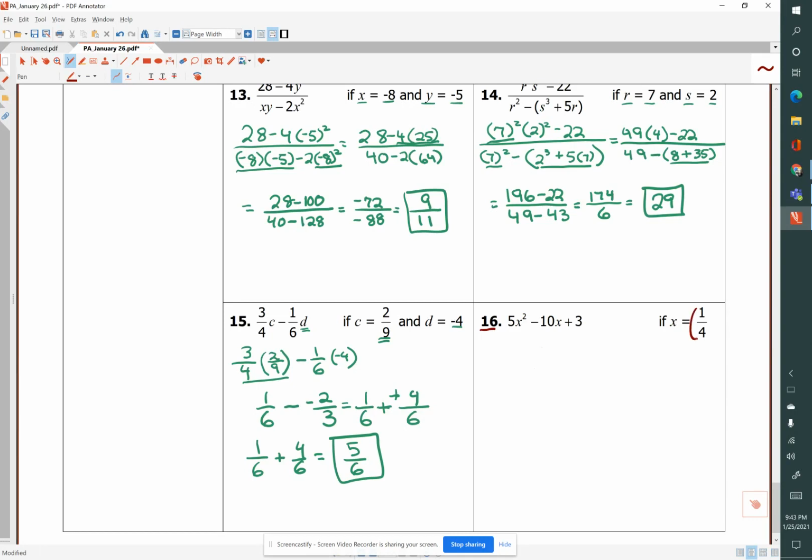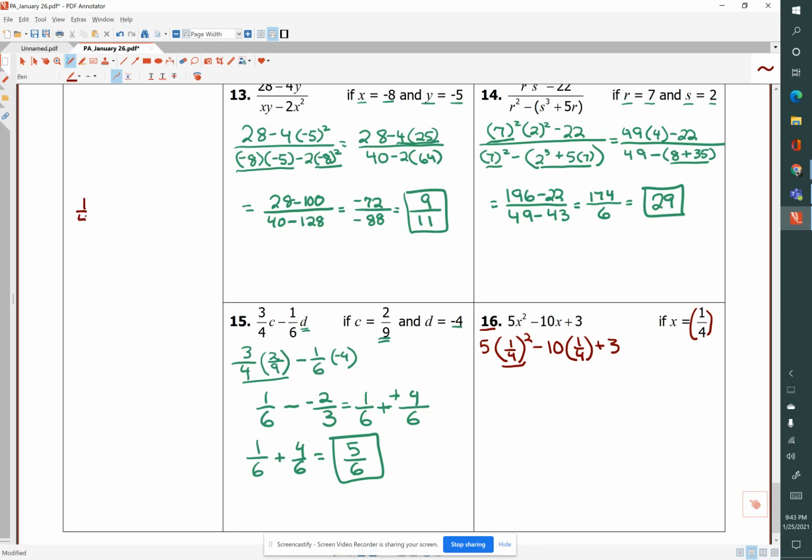We have one substitution, 1/4. And that will go wherever we see x. So 5 times 1/4, and that is squared, minus 10 times 1/4 plus 3. So first we start with this exponent.